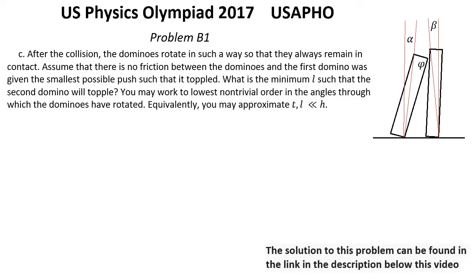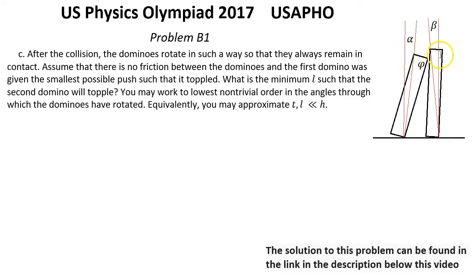Solution for question C. First of all, we can include the orientation of these dominoes using angles. Suppose that when we have the left domino oriented so its main diagonal is vertical, we can count what is the angle alpha between this diagonal and the vertical.